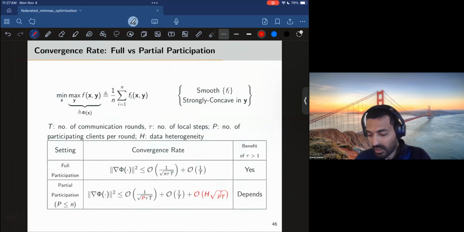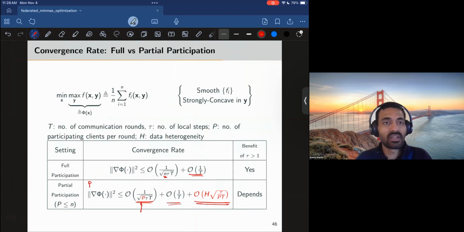Here, the first term is expected because now we have P clients participating in every round. So rather than an N, we get a P here. We also get a 1 over T, again expected. But we also get one additional third term, and this is coming exclusively because of partial participation.